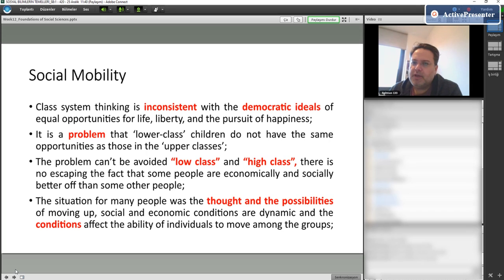When you think philosophically, from a very ideological perspective, one could say that this class system, or various layers within a society, are not very consistent with the ideals of democracy. And democracy actually argues for equal opportunities, life, liberty, and the pursuit of happiness, or equal distribution of income.